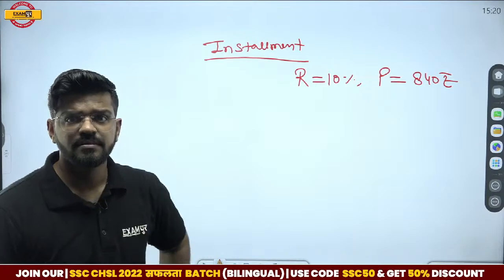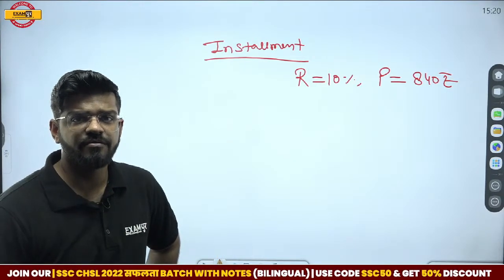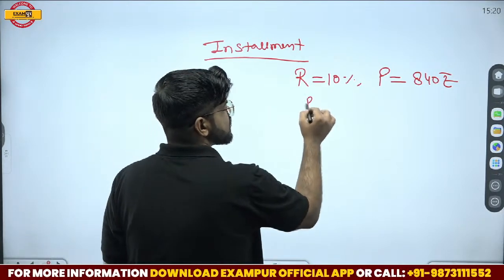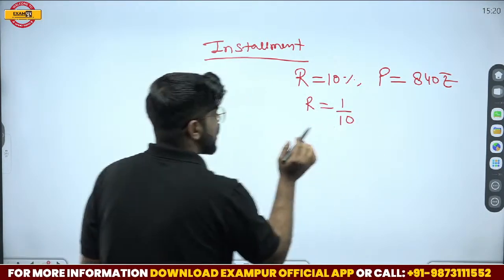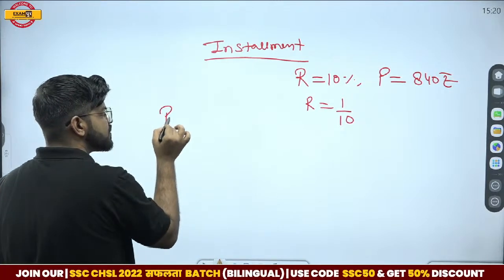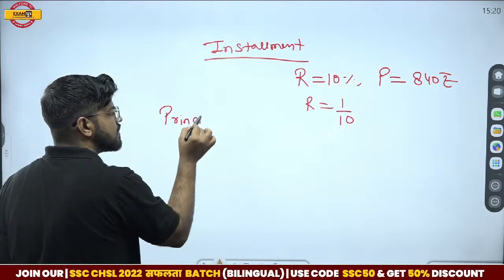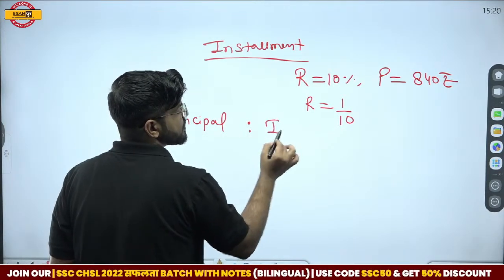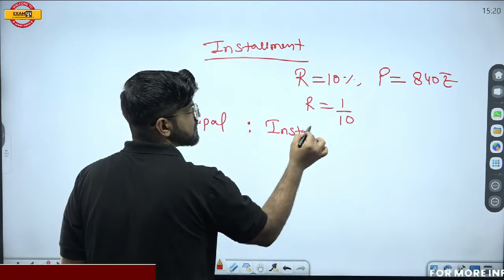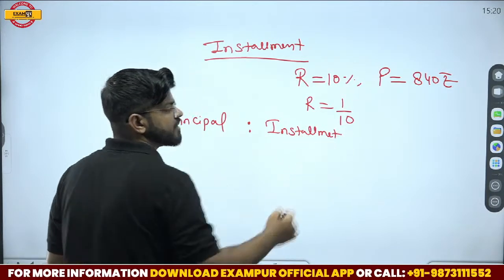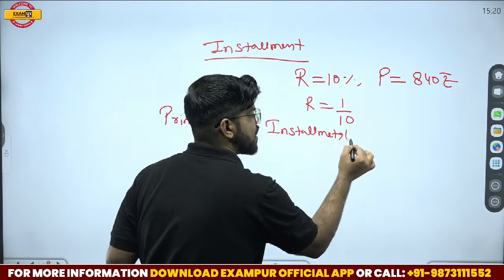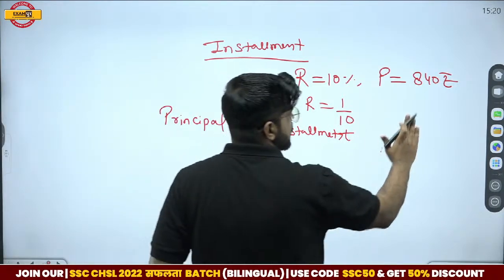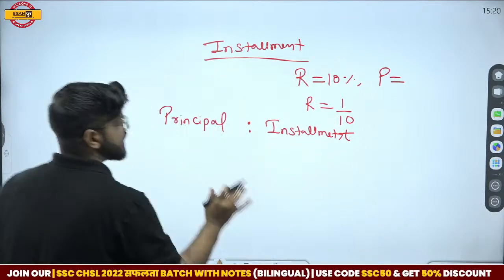Clear? How much is the loan amount? 840 rupees. So R is 1 by 10. This is my principal and this is my installment. The installment will work as amount. Let me calculate here first.